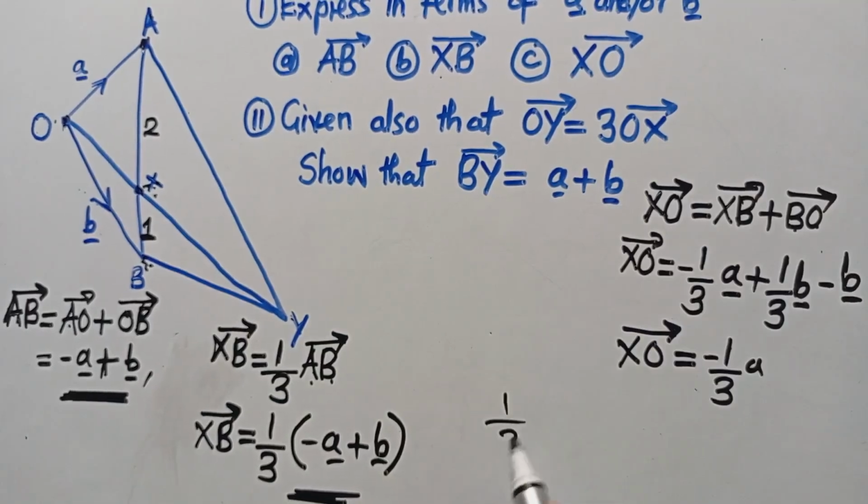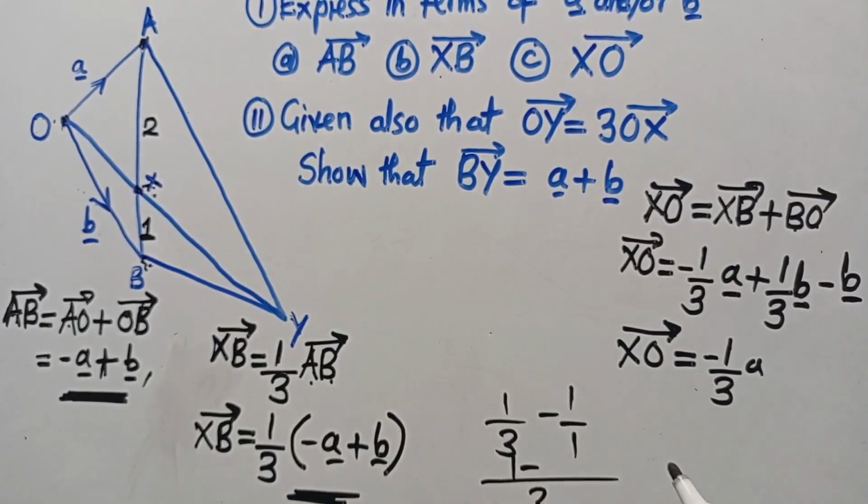So that is 1 over 3 minus 1 over 1. Then I say common denominator 3. 3 into 3, 1. 1 times 1, 1. Minus 1 into 3, 3. 3 times 1, that is 3. The answer is negative 2 over 3.